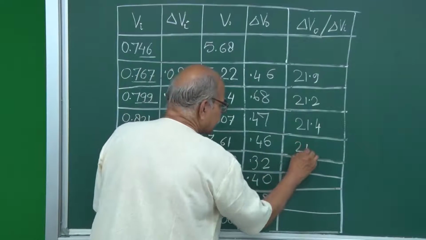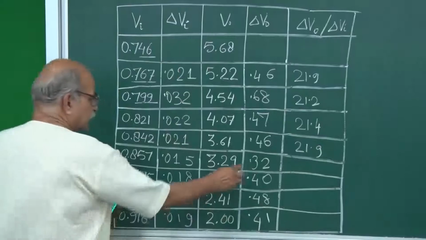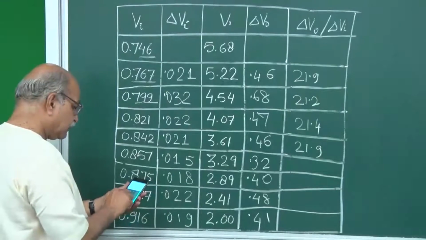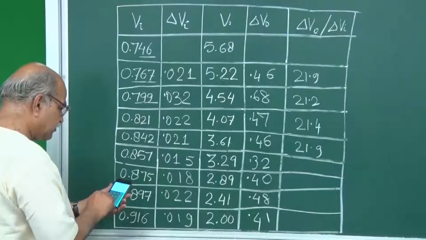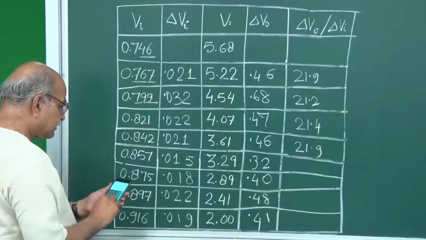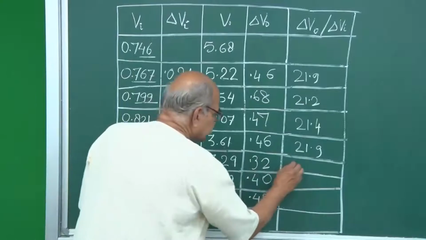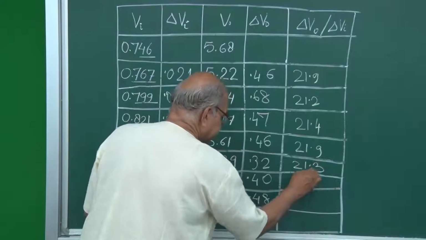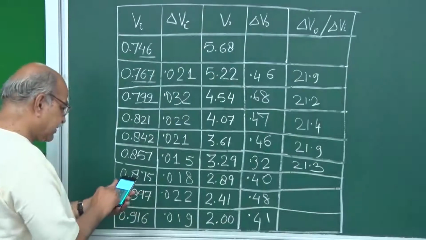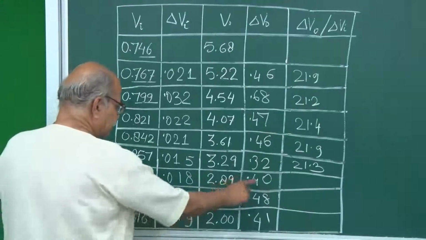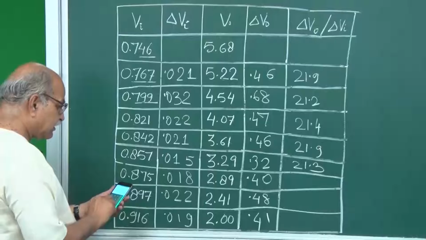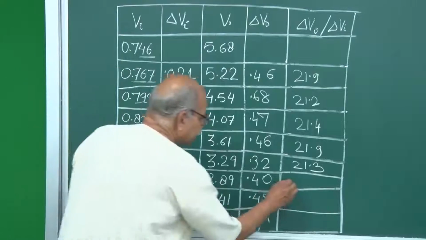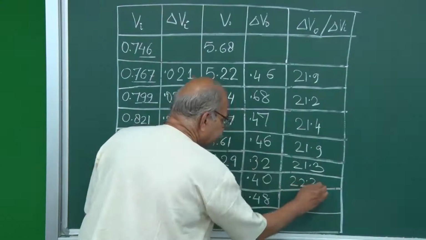Then 0.32 divided by 0.015 is 21.3. Then 0.40 divided by 0.018 is 22.2.